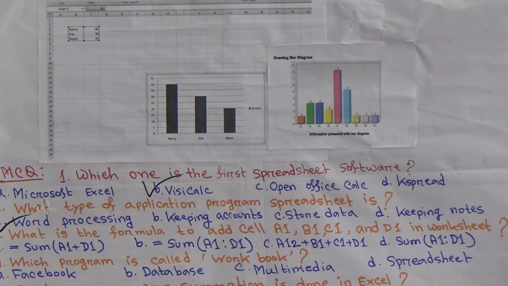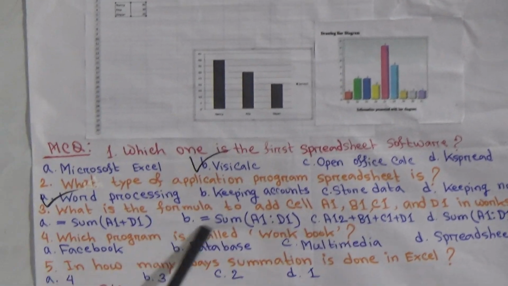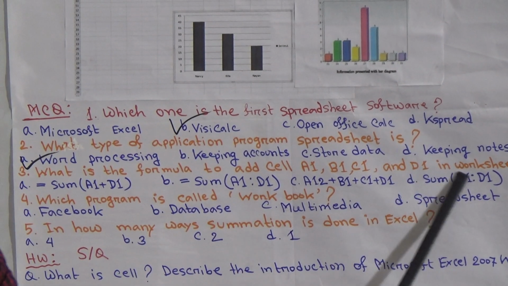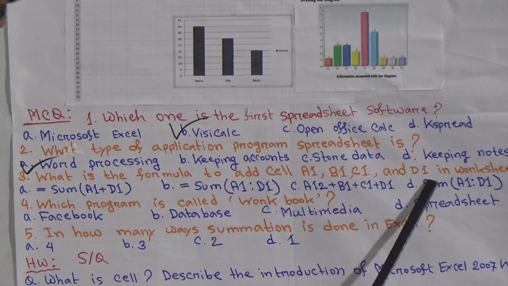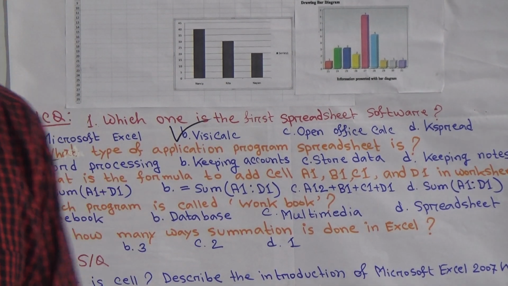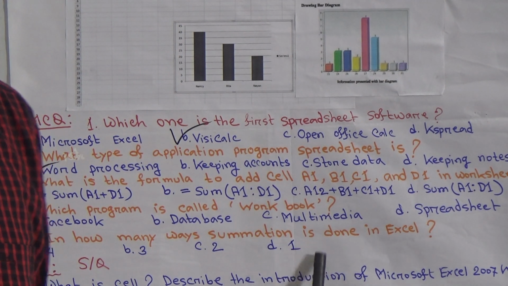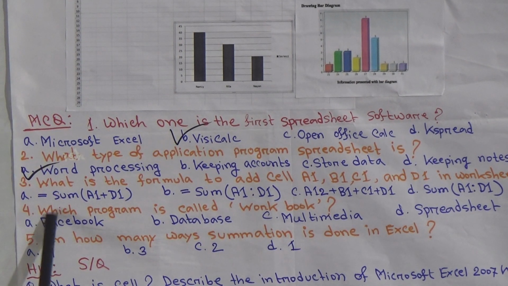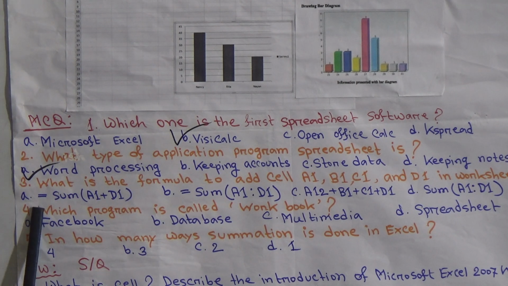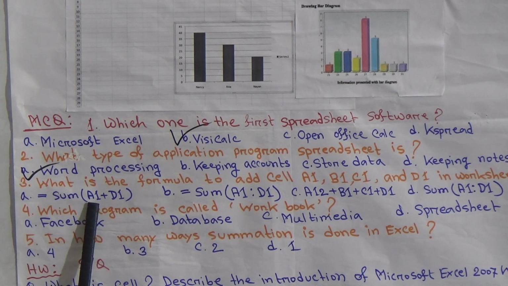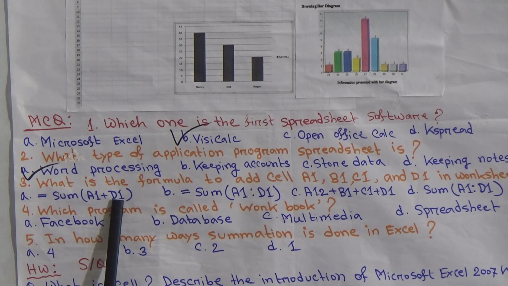Okay, next one, what is the formula to add cell A1, B1, C1 and D1 in worksheet? In worksheet, how to add these cells and what formula should you follow? Number A, equal sign first, then sum, then bracket, then A1 plus D1, is it?